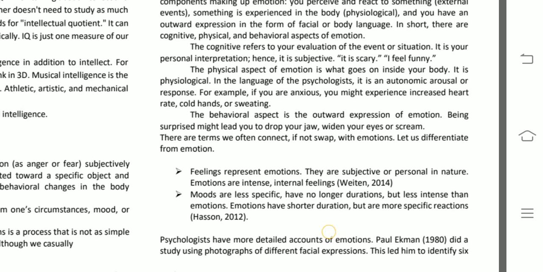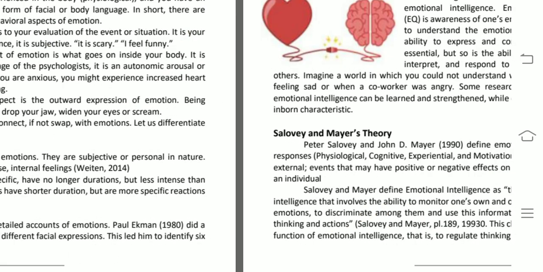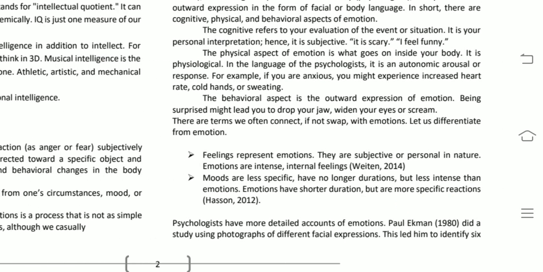Okay? So, sometimes there are terms that we often connect when it comes to emotions. Alamin natin kung ano yun. Unang-una is the feelings represented by emotion that is subjective and personal in nature. Okay? These are emotions that are intense or have internal feelings.